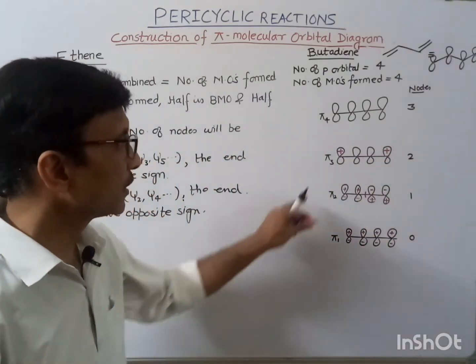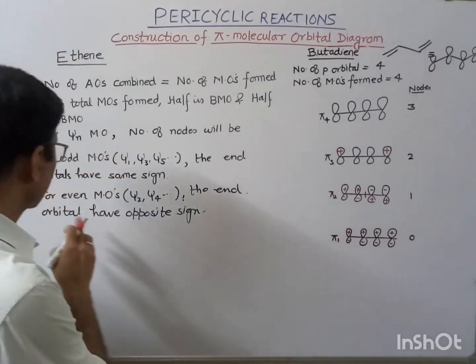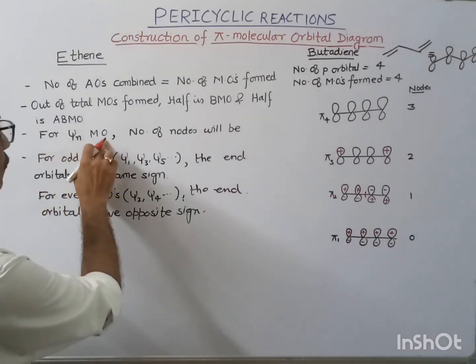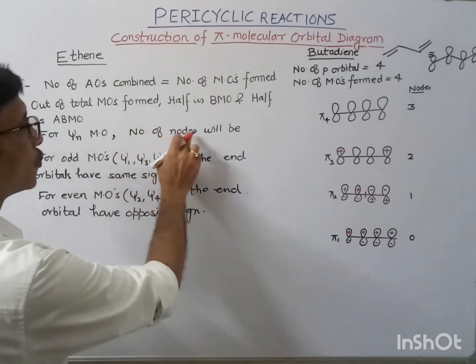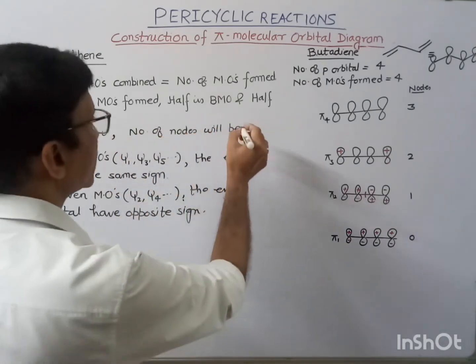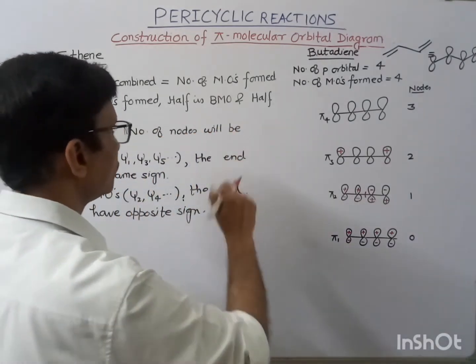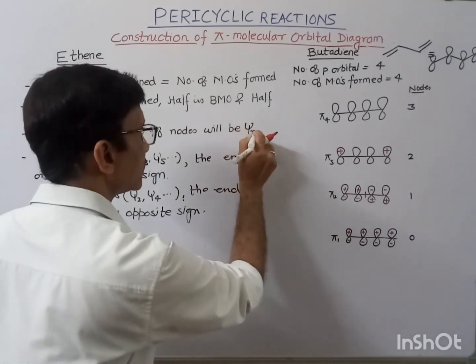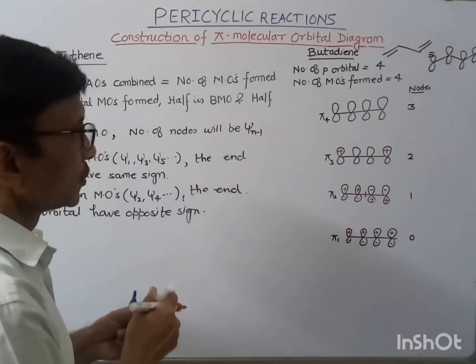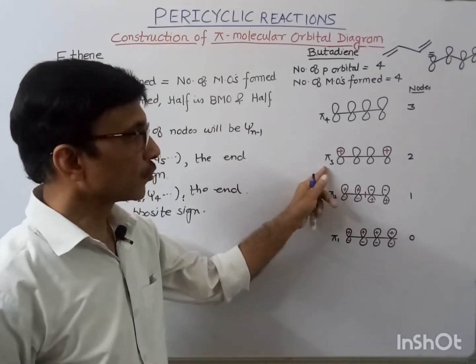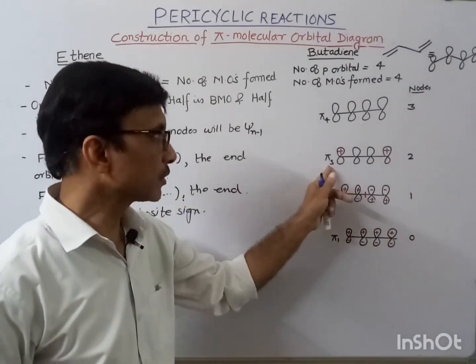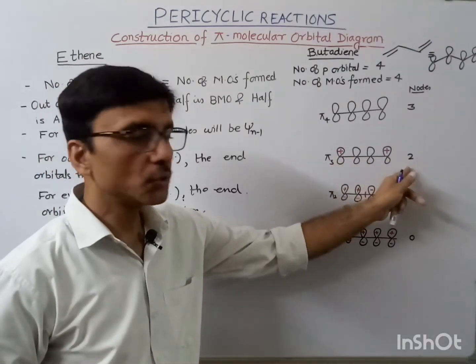This should have 2 nodes, which means what I have told you, the next rule: for the psi n molecular orbital, the number of nodes will be n minus 1. So for psi 3, the number of nodes is 2. This is the third molecular orbital, so the number of nodes will be 2.